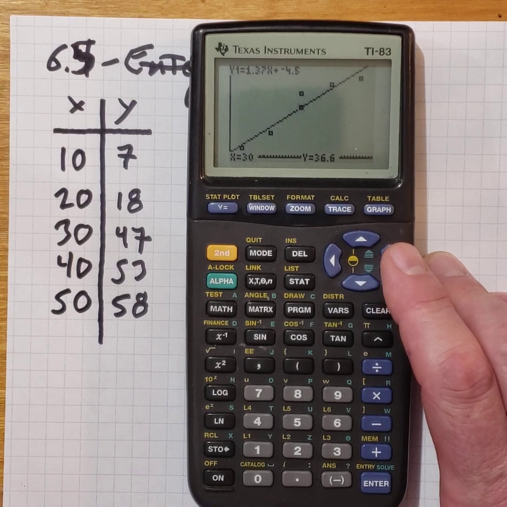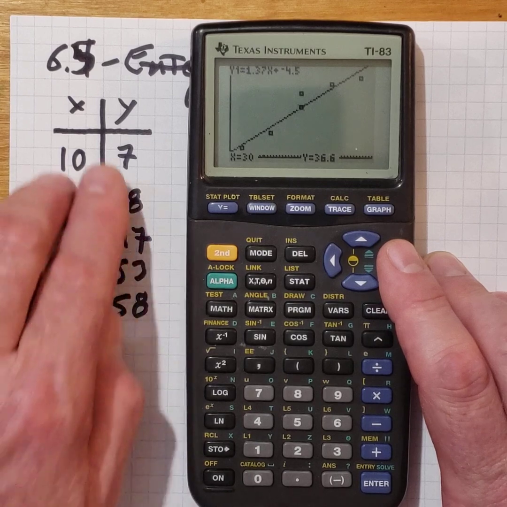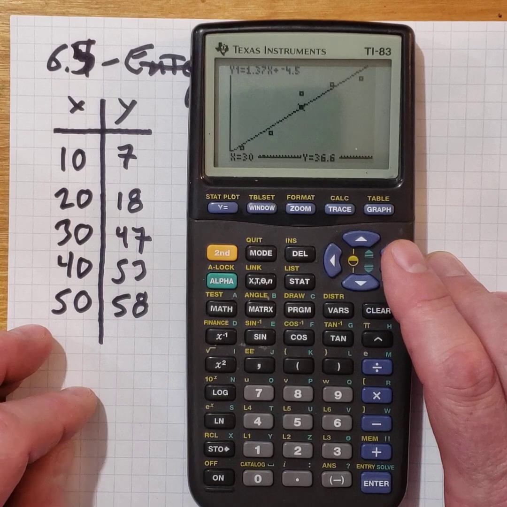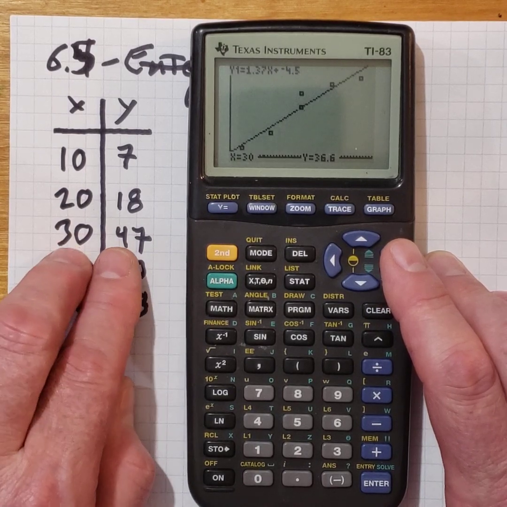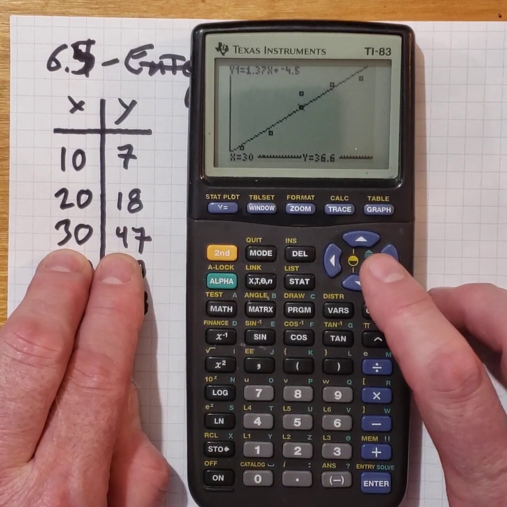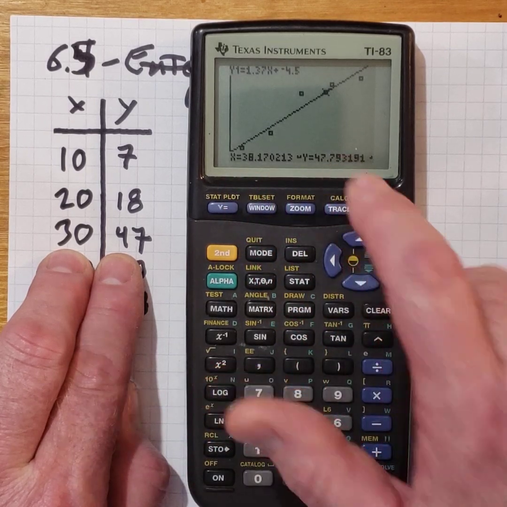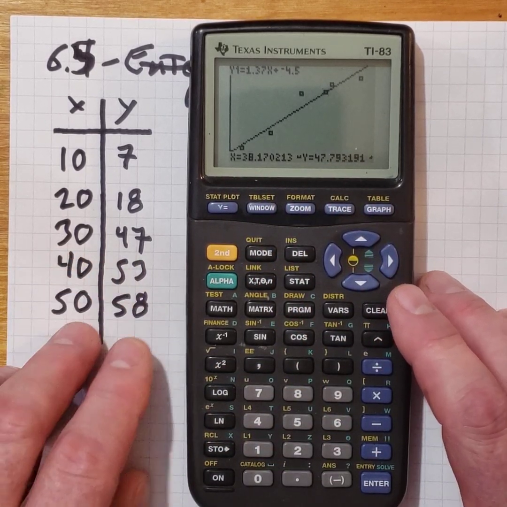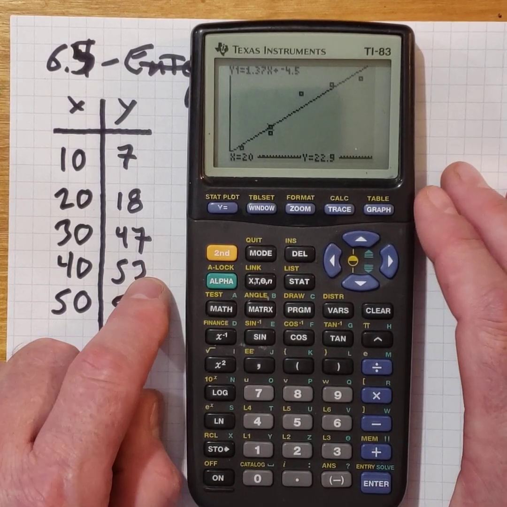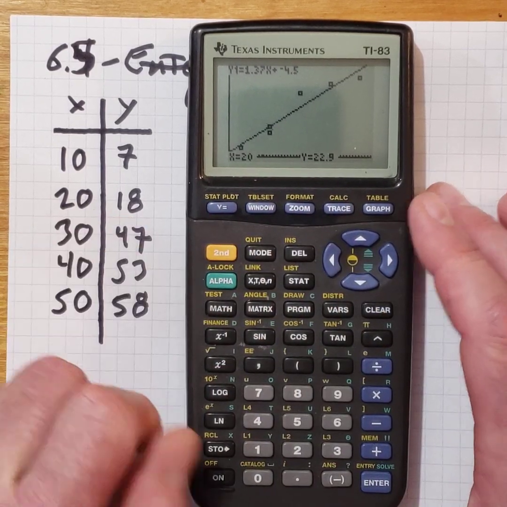Meaning, if this was a perfect linear correlation between these two data sets, if it was the same as legs and eyes or something that worked perfectly, then this would be 30, 36, not 30 and 47. And I can use my sideways arrows to find as many points as I like on this linear regression, or I can type in numbers. So if I type in 20, boom. If this was a perfect fit, then this would have been 20, 22.9 instead of 20 and 18.